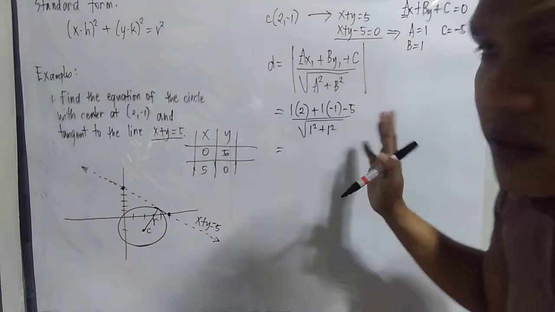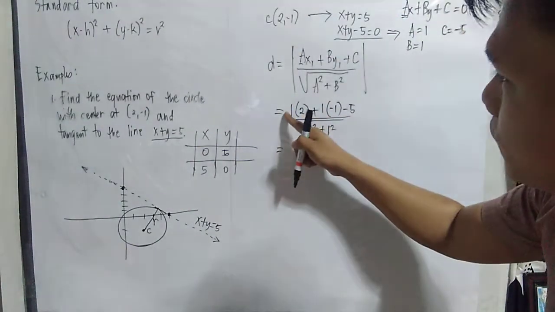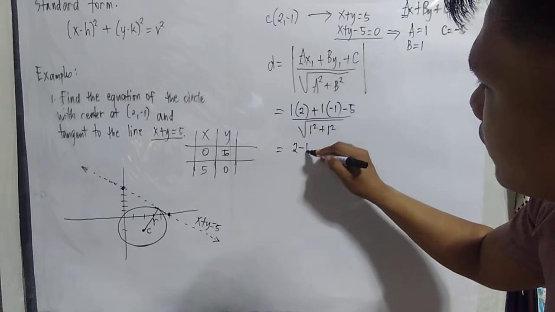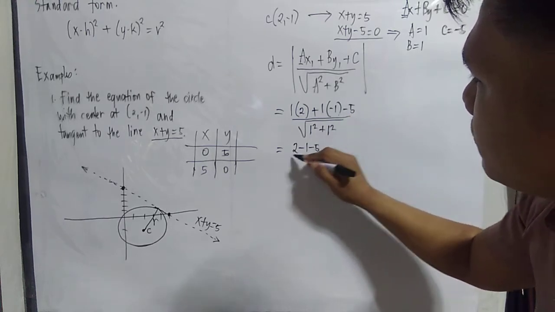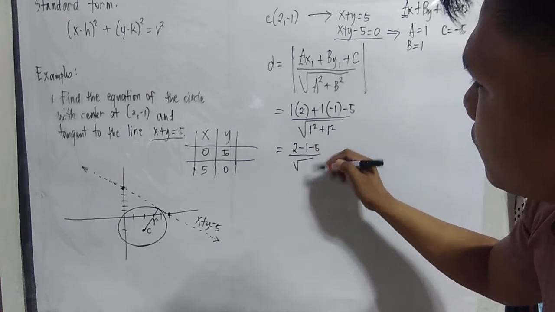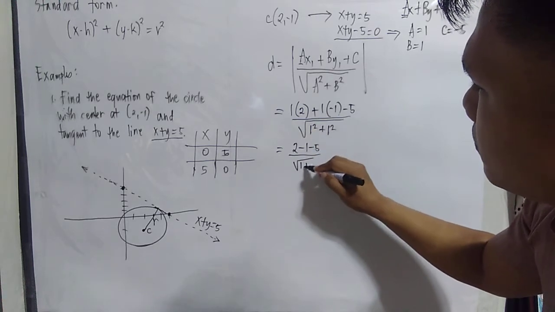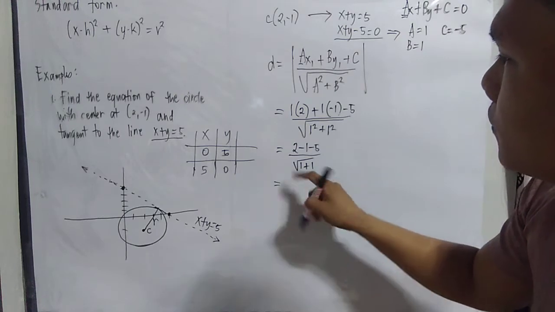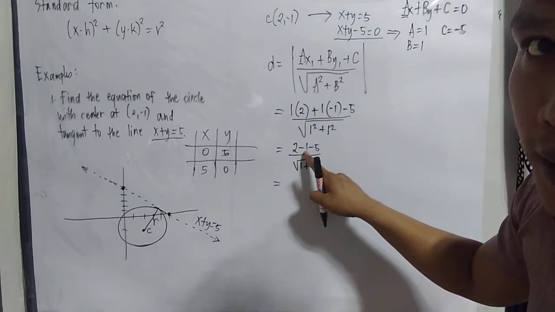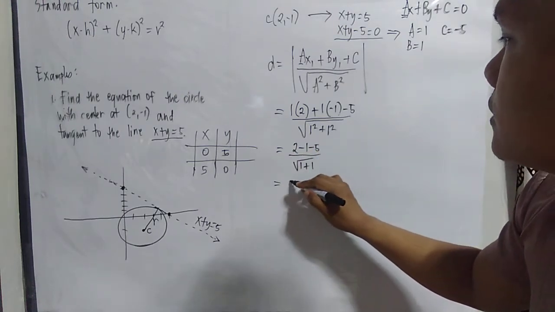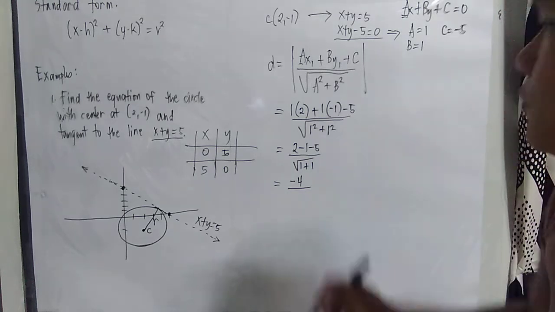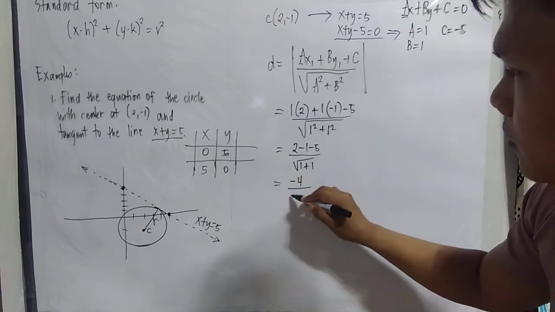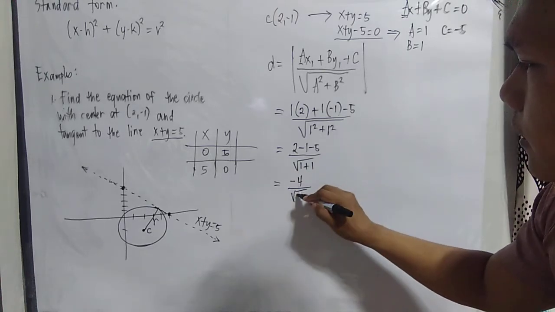Okay? Simplifying further, we have 1 times 2 is 2. 1 times negative 1 is negative 1, minus 5, all over the square root of 1 squared is 1 plus 1 squared is 1. Again, simplifying further, we have 2 minus 1 is 1, minus 5 is negative 4, all over the square root of 1 plus 1, which is 2.